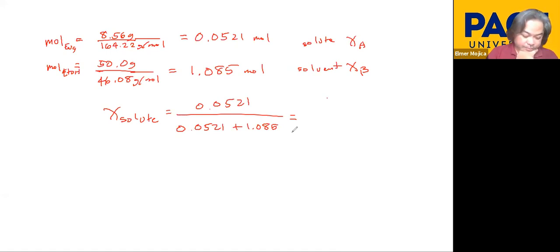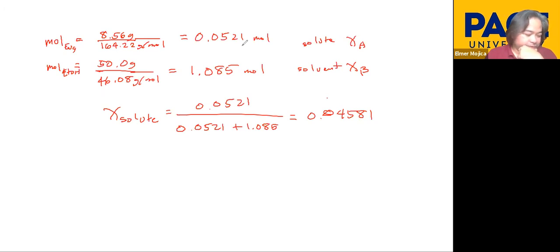So that will give me around 0.045. I can put 0.04581 because this is not the final answer yet. Okay, we can add an additional digit.